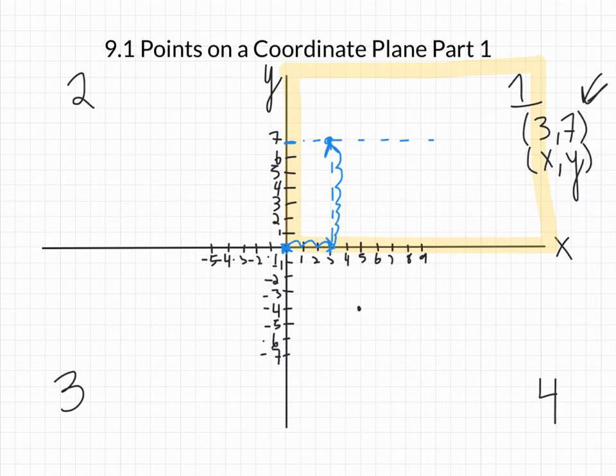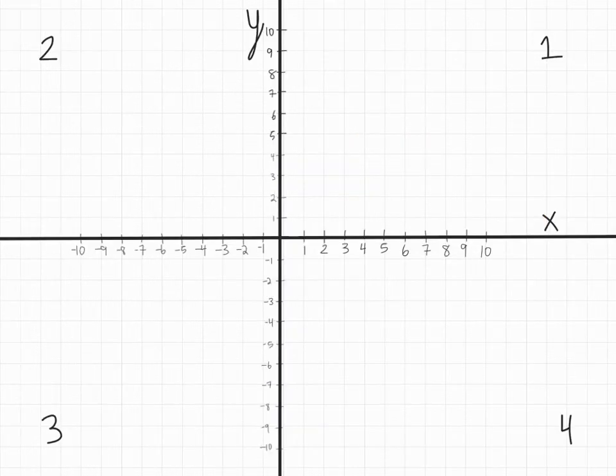Let's try another point. Let's try the point 6, 2. If I'm trying to plot this point on the graph, I'm going to first say, well, I know the 6 is my x point, and I know that the 2 is my y point, so I can go over 6 on the x-axis, and it is a positive 6, so I'm going to go in this direction, 1, 2, 3, 4, 5, 6.